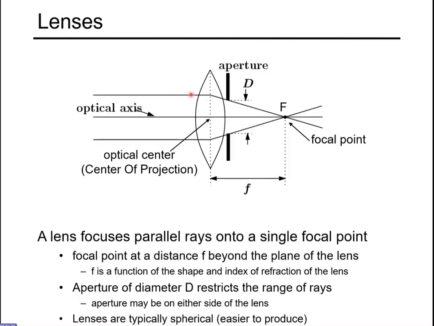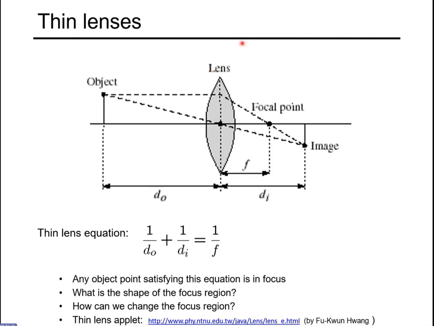So, we usually add the lens in front of or after the capture. Okay, and so there are some terms. We assume the lens will have a point that all parallel beams will converge to.